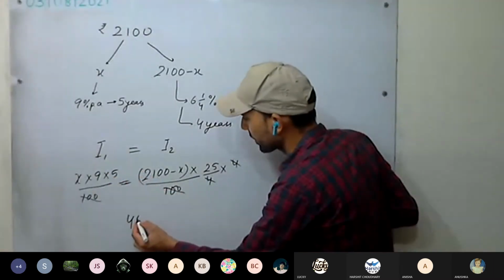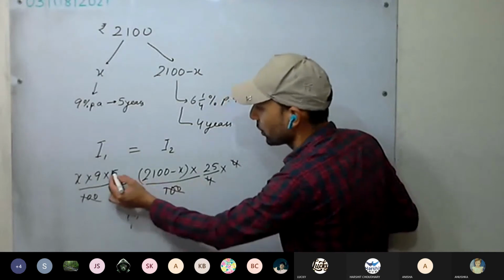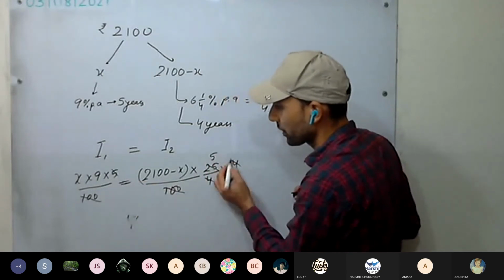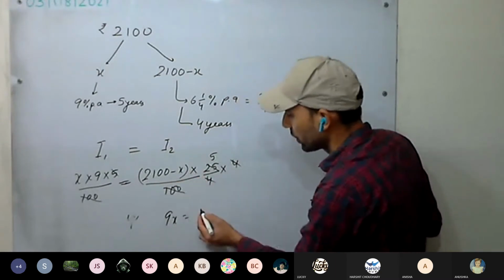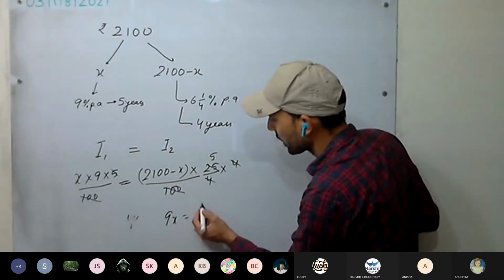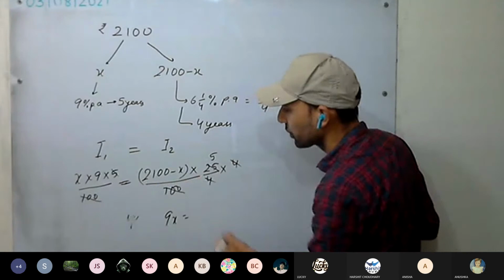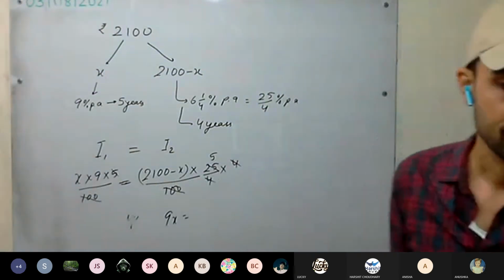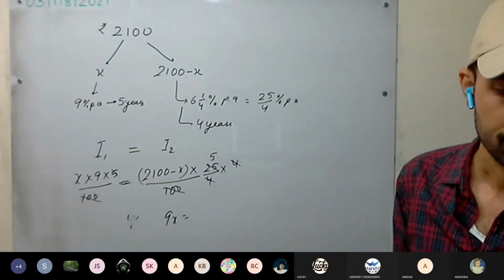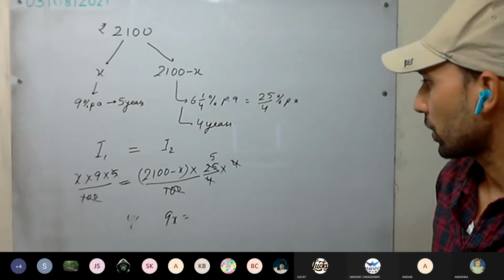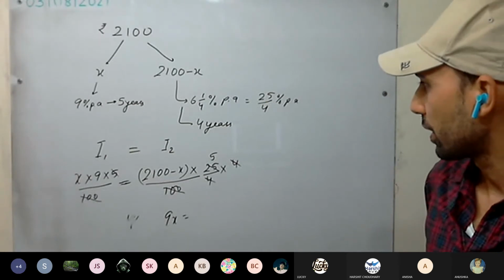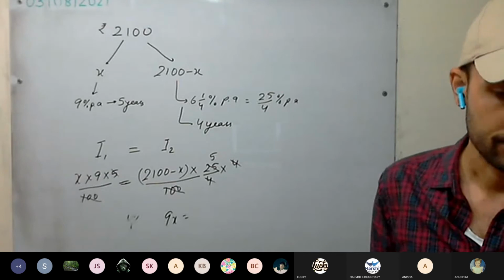It is 45x. Again we can cut here, 5. 9x equal to, or we can cut more, 9 by 5.